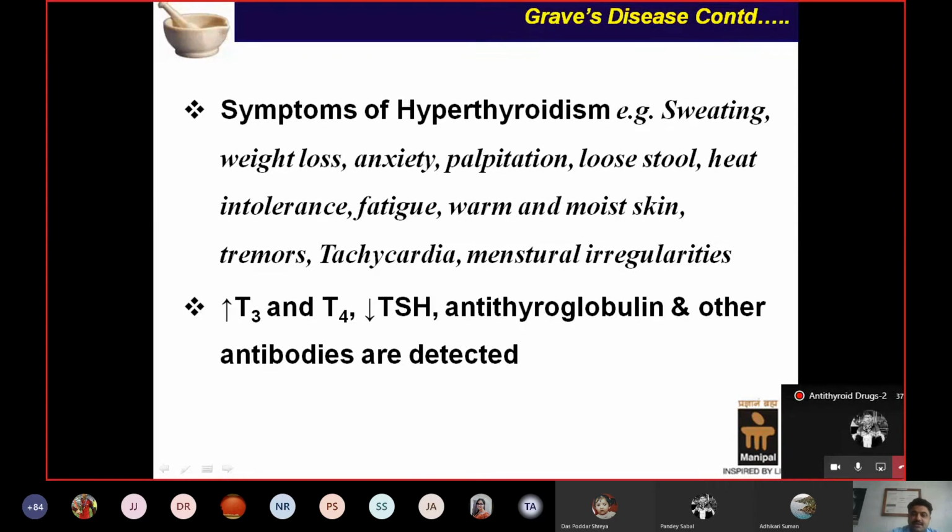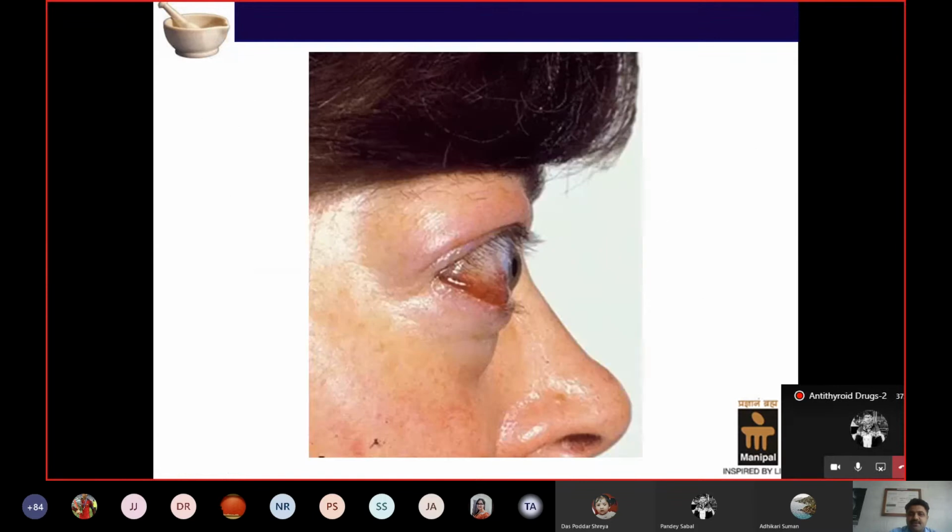And of course the antibodies will be detected. Other than that, a very typical feature of Graves' disease is ophthalmopathy. Now if you see, the eyeball has come a little outside and the periorbital area is thickened, isn't it? Muscles are thickened.